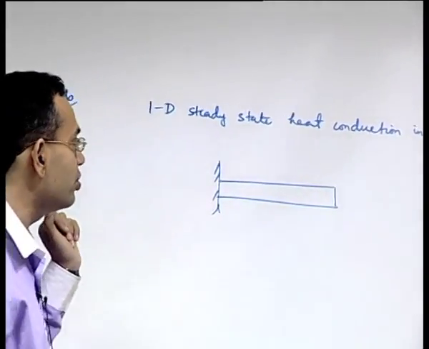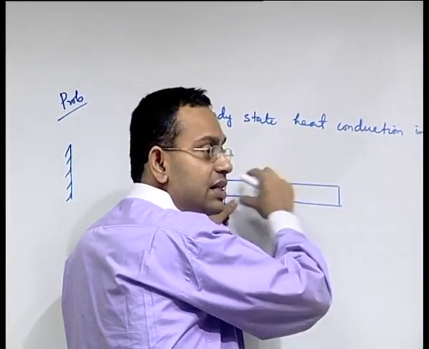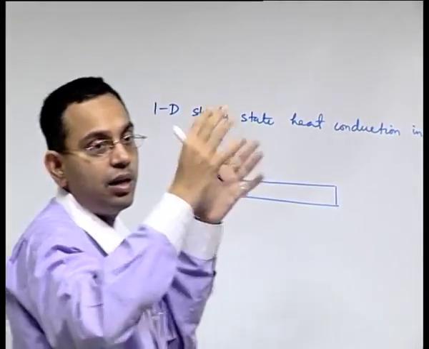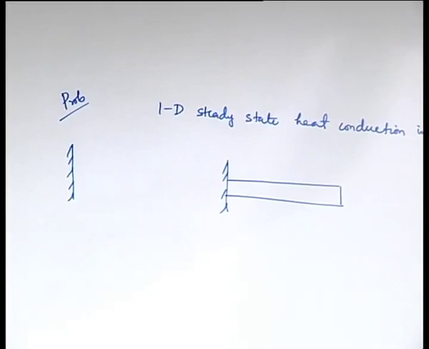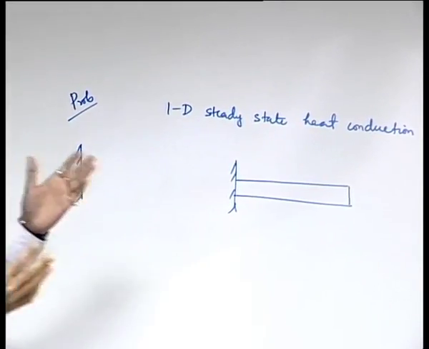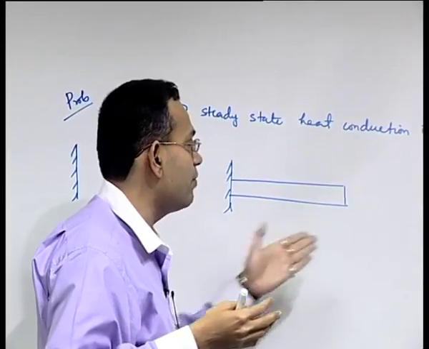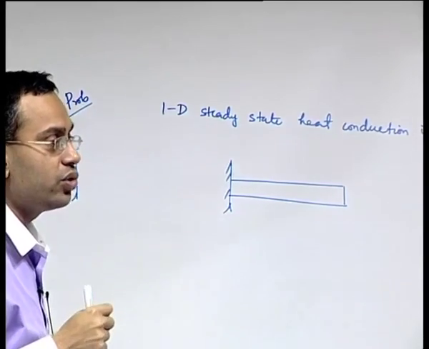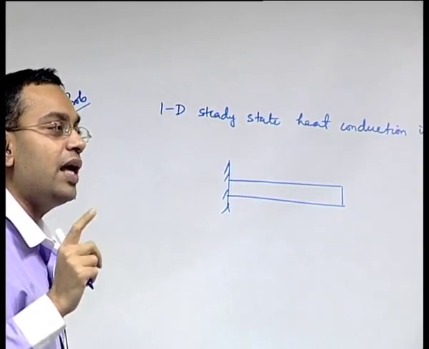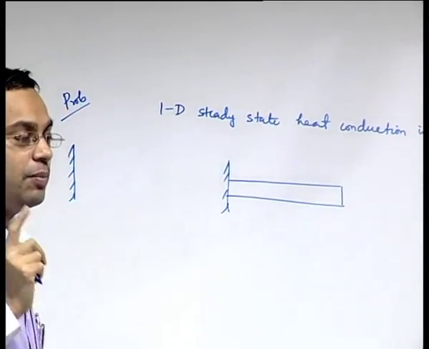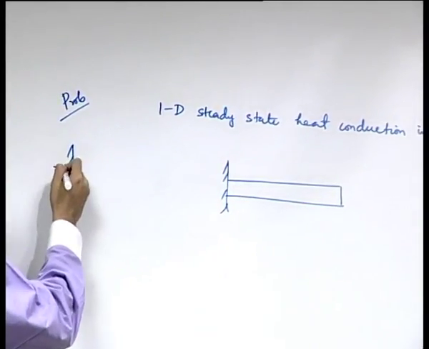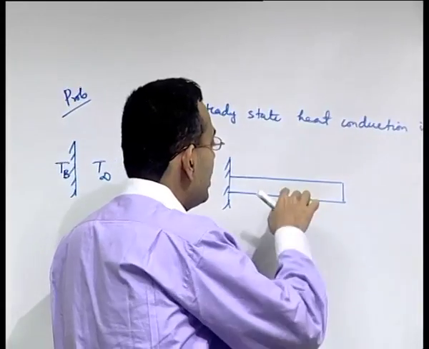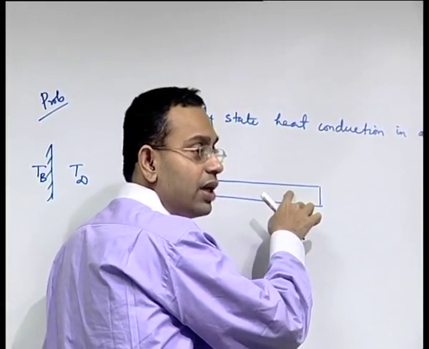So what it tries to do, it tries to provide with an extended surface, and through the extended surface you can have a greater amount of heat to be dissipated to the surroundings, because essentially it has more available area. But in attempting to do so, you are now playing with the temperature difference. If the temperature earlier was T boundary and the ambient was T infinity, now the temperature inside the fin will be different from T boundary.